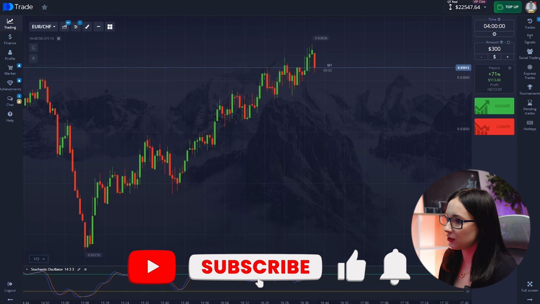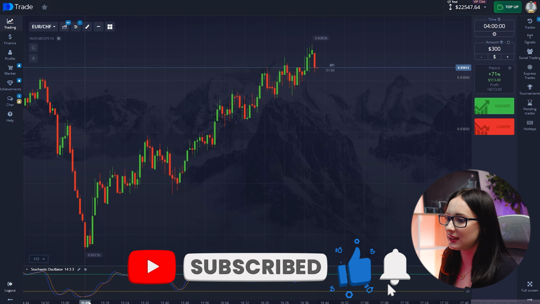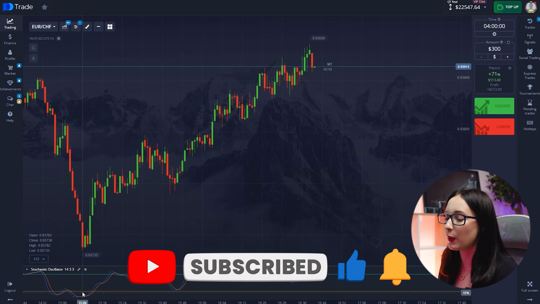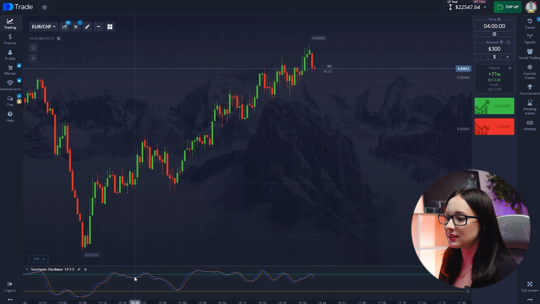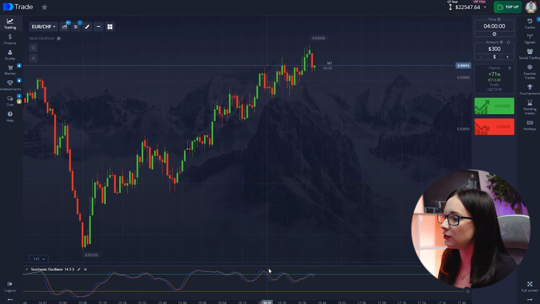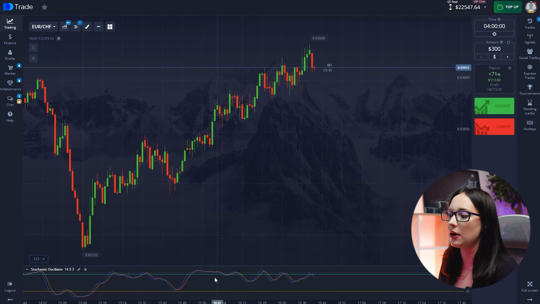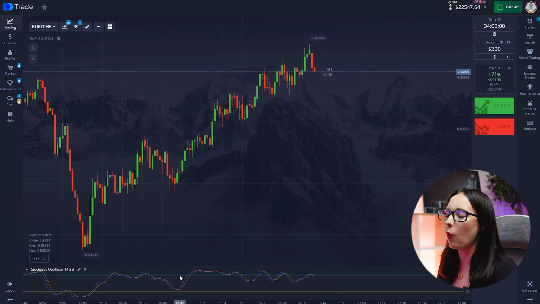So just telling you a little theory. If your stochastic is near the level of 20, that means your currency pair is in the oversold area. And if your stochastic oscillator is near the level of 80, that means your currency pair is in an overbought area, in an overbought condition.